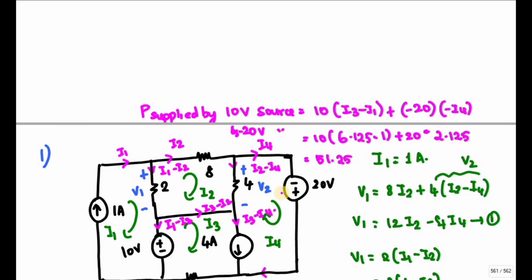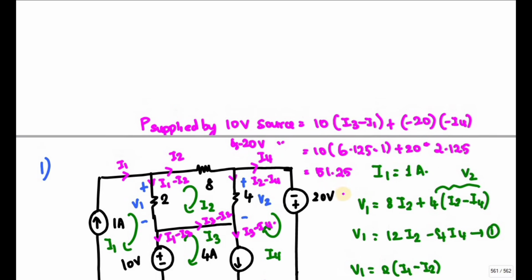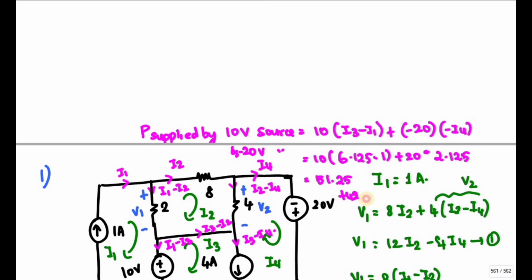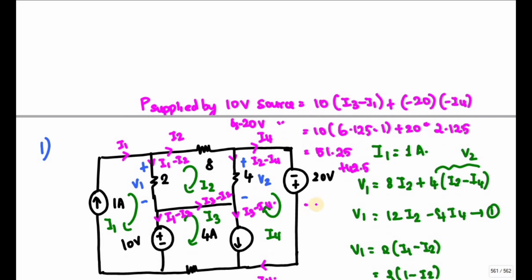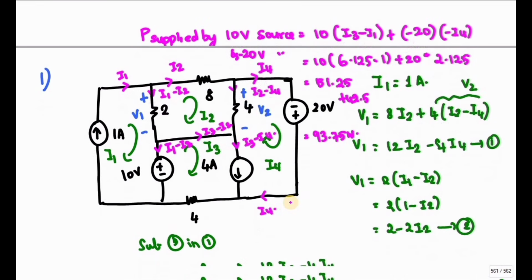Minus 20 is the value given, and since it is power delivered, it is minus I4. They asked for the power delivered by both the 10 volt source and the 20 volt source. It is 51.25 plus 42.5, which is 93.75.